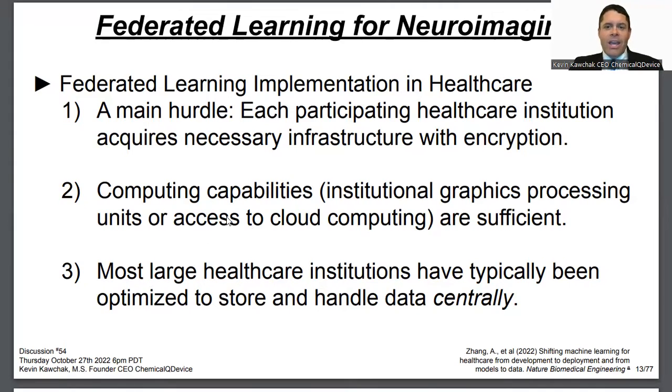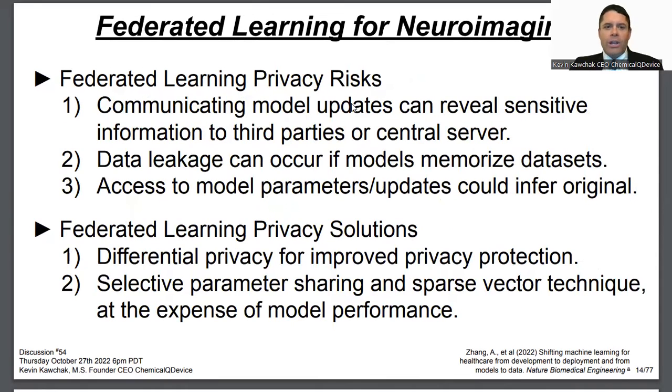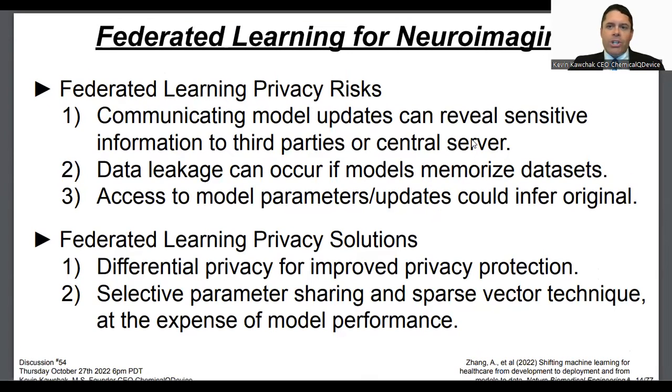It's really quite interesting. Most hospitals are used to dealing with data centrally, as opposed to in this federated learning system. So there are some privacy risks, and it's inherent when you are dealing with patient data. It can reveal sensitive information, and it's the same with any data leakage, you could infer back to the original data.